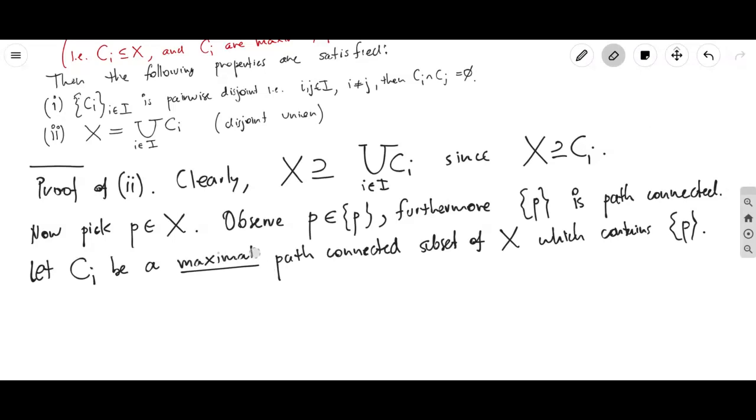You see, this has to do with maximality. The single point set, it could be maximal. It could be that the singleton set is path connected, and maybe that is a maximally large path connected subset. It's not part of anything larger, but it could be part of something larger.